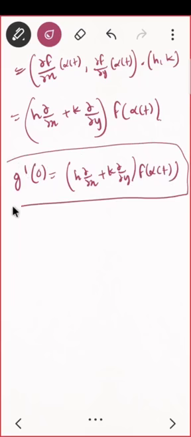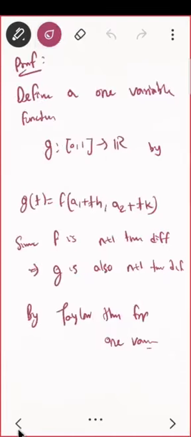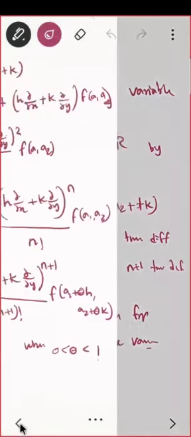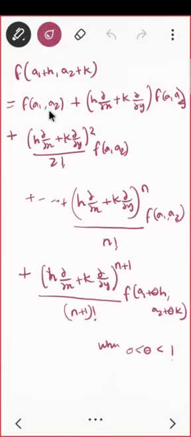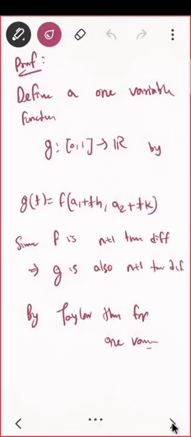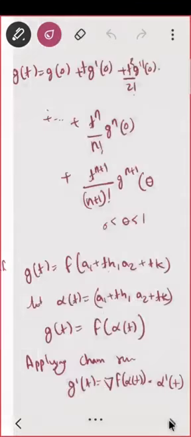Let us go back and check, did we get our first term? You see, what was the proof? f of e1 e2 plus h times this. I am getting my first derivative, the same is coming. G dash of 0.